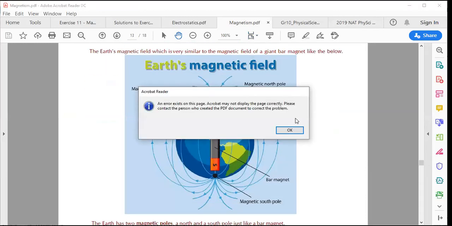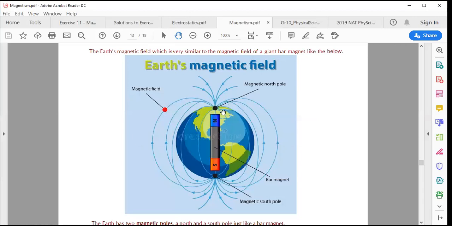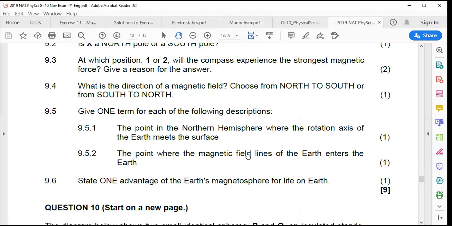So that becomes the pole. Those are the poles there. Where they enter, that's a pole. Let me just go back to the question. The point where the magnetic field lines of the earth enter the earth, we can call it a magnetic pole. Magnetic pole or a pole, it's fine.